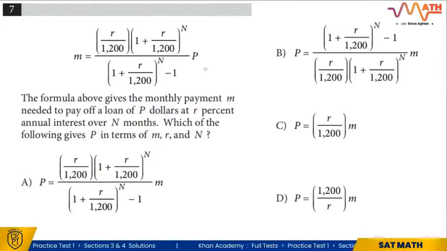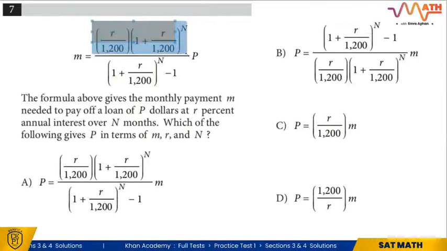So all I need to do is isolate P here. So when you look at this, you have a long numerator and denominator, times P. So I need to send this to the other side.